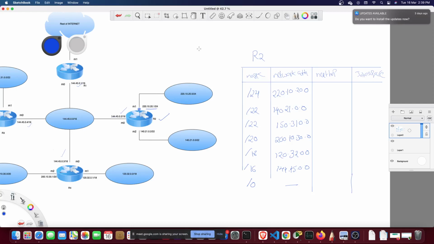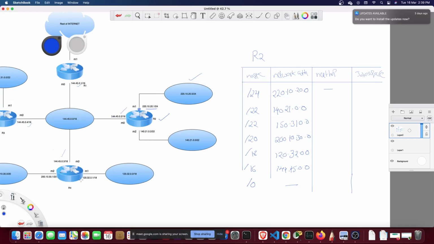But here, let's say that with the mask 24, the network address is 220.10.20.0. What is the next hop that the router should send to if the packet is destined for this network? The next hop is nothing here. Why? It is the same network, remember.